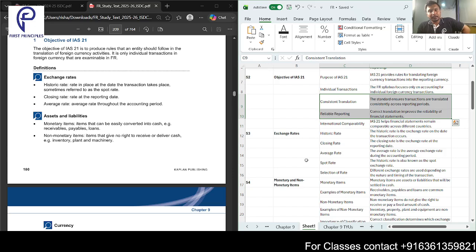First of all, a transaction translated across reporting periods should be done in a standardized manner. That means the same rules should apply. And second, if the same rules are applied, you would realize that your financial statements in the long run have become more reliable.